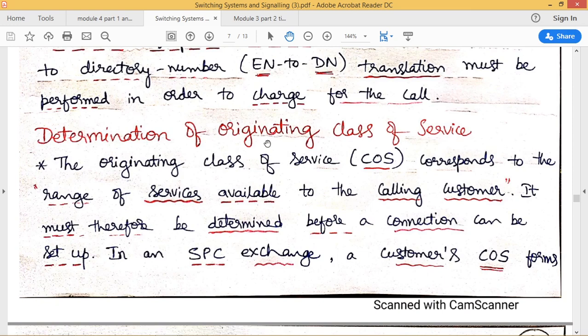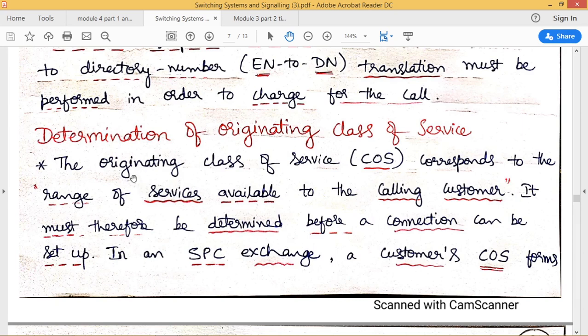Originating means from which user the signal, the call request signal, is originated. The range of services available to the calling customer is determined by the local exchange. Of course, this must be determined before making a connection.